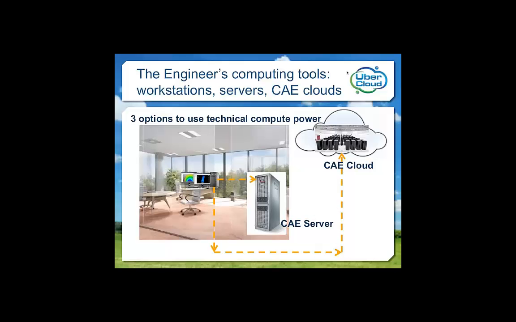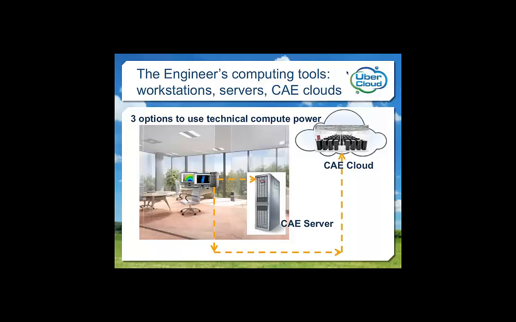When we look at the engineers' computing tools today, from UberCloud's perspective, we see that engineers have three options. Many engineers, well over 90%, rely on their workstations. That's where they do their design work, that's where they do their simulation work, and much of the product lifecycle is managed right on the workstation. Some companies have access to server farms.